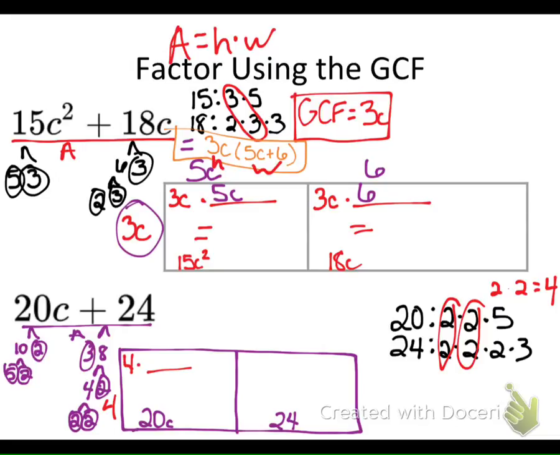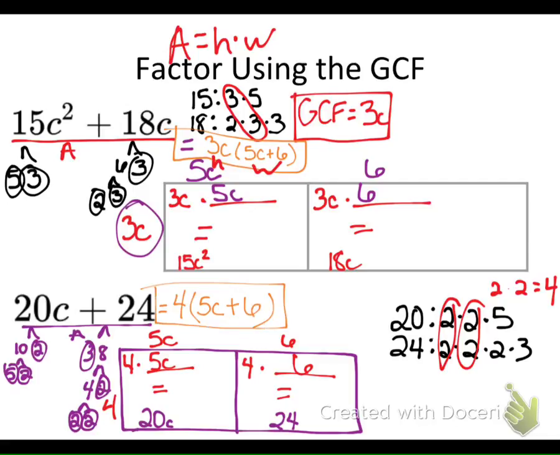So I have 4 times blank equals 20C. 4 times what is 20? 5C, very good. 4 times blank equals 24. 6. All right, now I can plug it in up here. So I have A equals height times width. So I have 4 times 5C plus 6. Close parentheses and box my answer.